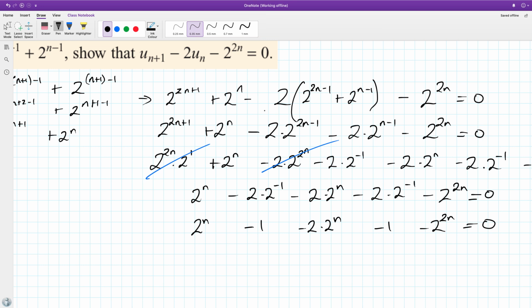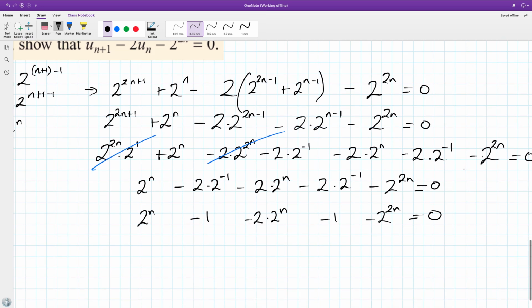These should all be knocking down here. Minus 2 by 2 to the power 2n minus 1, minus 2 by 2 to the power n minus 1, minus 2 to the power 2n. That's 2 to the power n by 2 to the power 1, 2 to the power n, minus 2 times 2 to the power n, minus 2 by 2 to the power minus 1, minus 2 by 2 to the power n, minus 2 by 2 to the power minus 1, minus 2 to the power n.